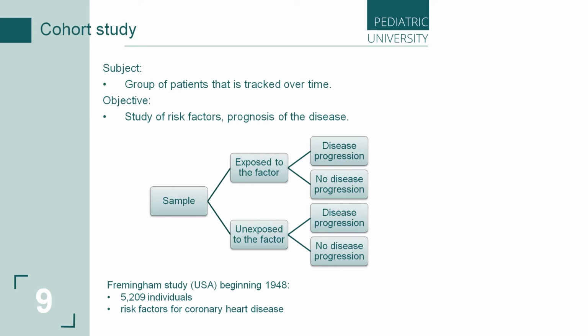And if we sketch out the study, we have a sample of patients that we are monitoring. And there are those who are exposed to risk factors. They may or may not develop the disease. And those who don't have the risk factors, but they may or may not develop the disease.